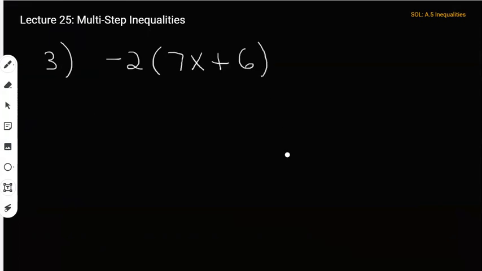I'm going to put all that inside parentheses. And then -8 is less than -132.